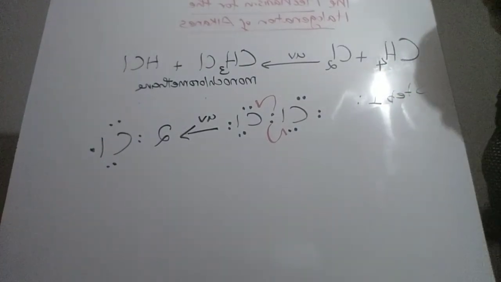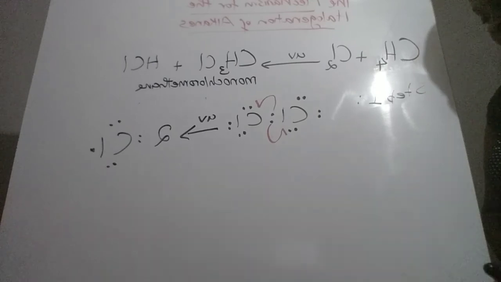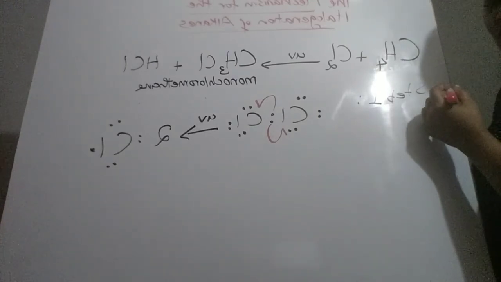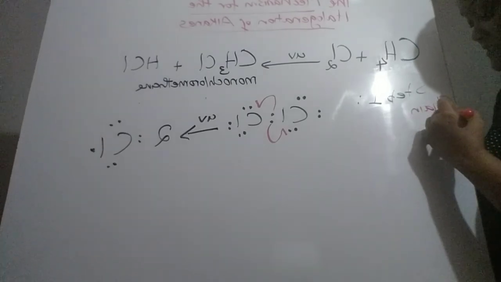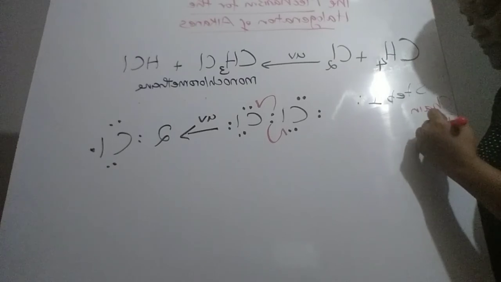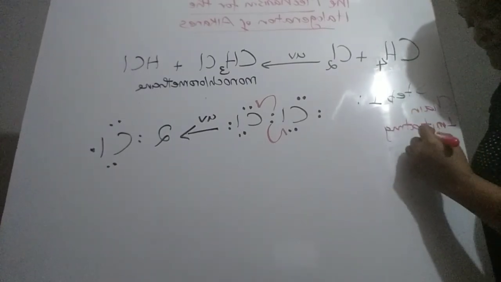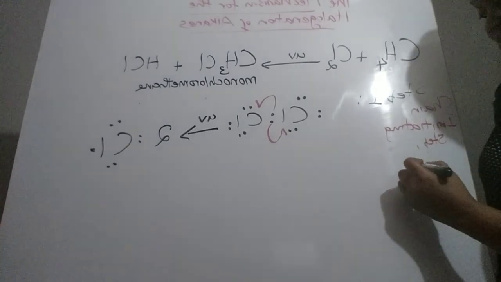By the way, step 1 is called chain initiating step, because of course it's a chain reaction. Step 1 starts the process, so it's the chain initiating step. That's what we call step 1. Chain initiating step. All right. Now let's move on to see what happens in step 2 now.